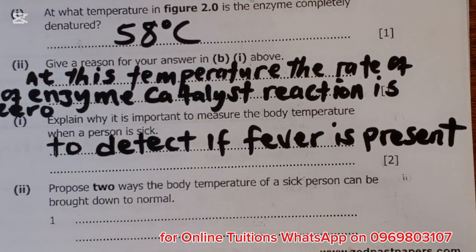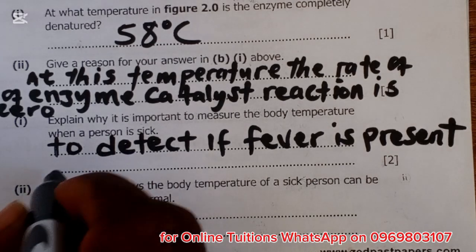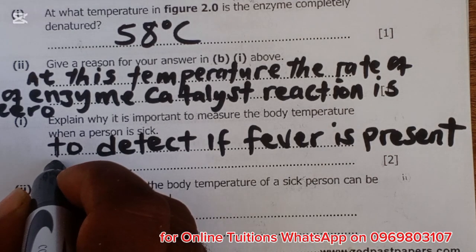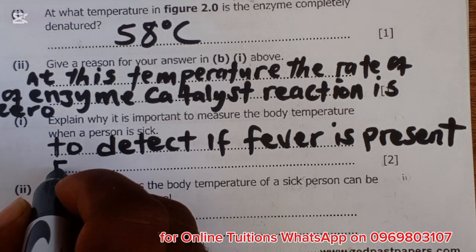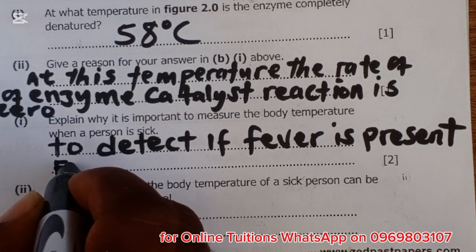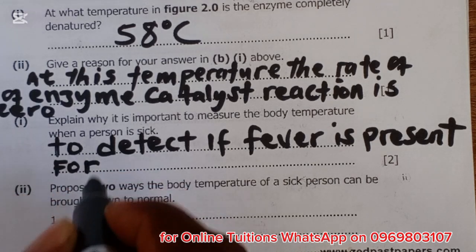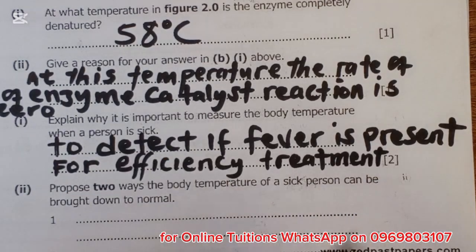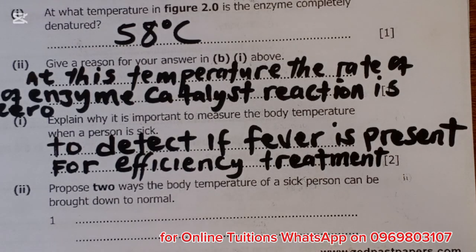Number two, for efficient treatment. That is the reason why it is important to measure the body temperature when a person is sick: to detect if fever is present, and for efficient treatment as well.